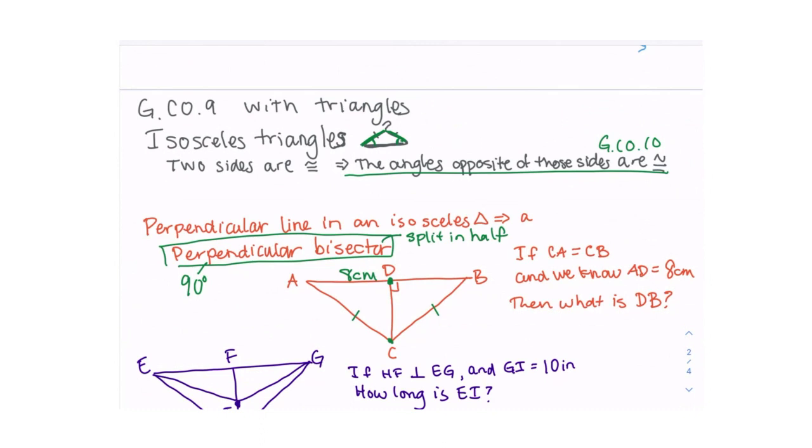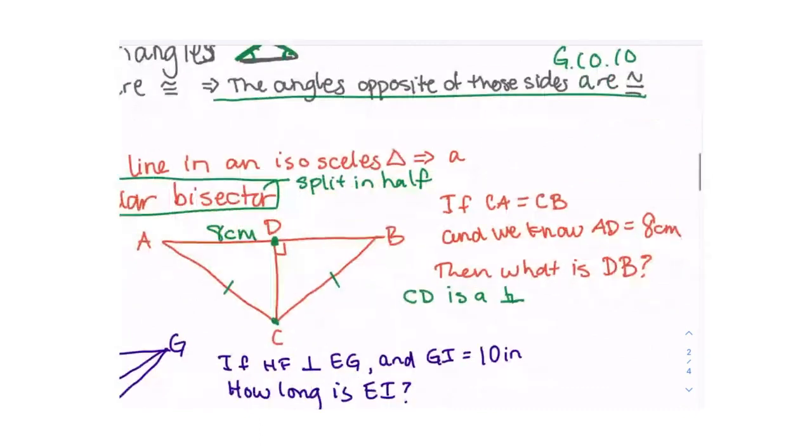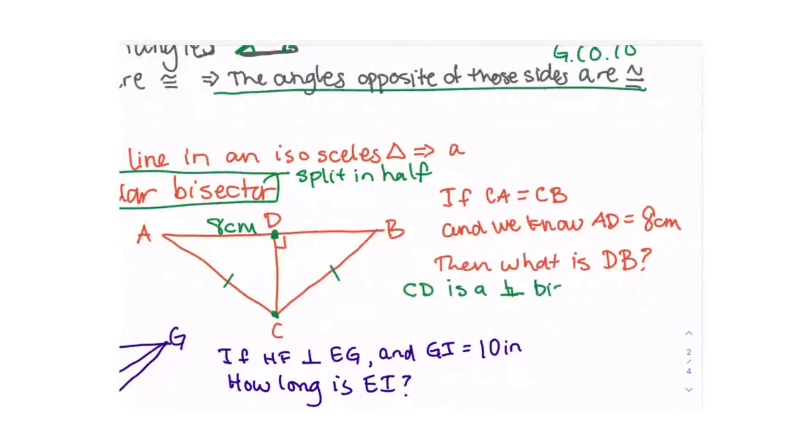So let me say this another way. In other words, it's saying that CD is a perpendicular, that's the symbol for perpendicular, an upside down T, perpendicular bisector of AB. And we knew that AD was equal to 8 centimeters. What does DB equal?